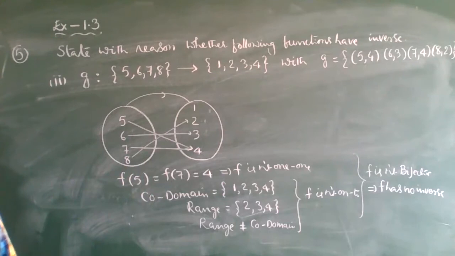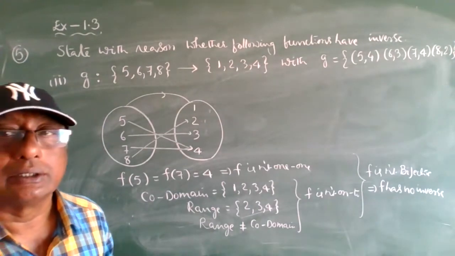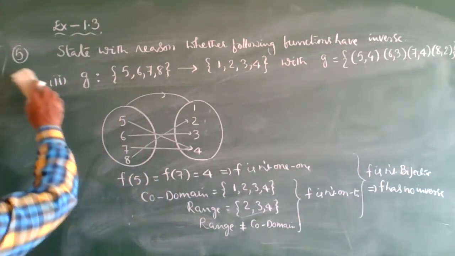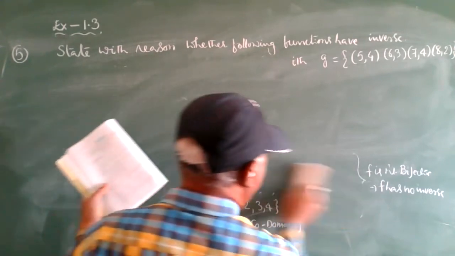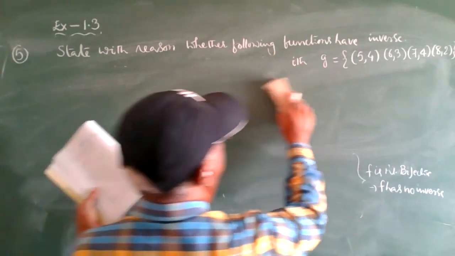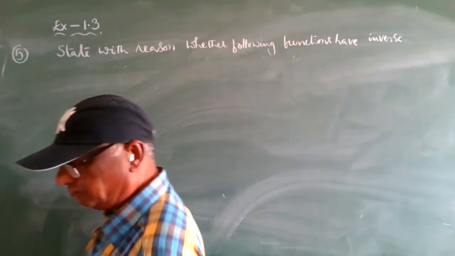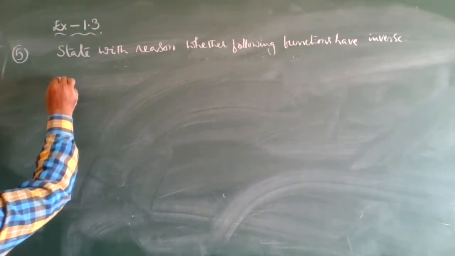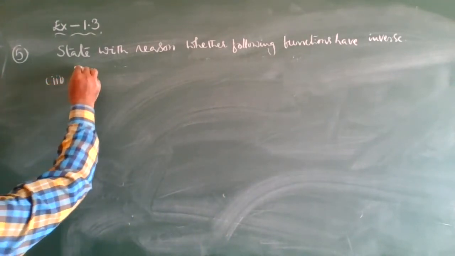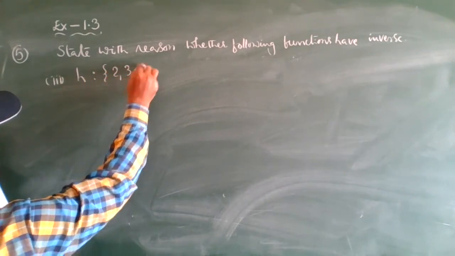g has no inverse. Last, the third bit. Let me go through the third bit. The h mapping: domain is 2, 3, 4, 5.